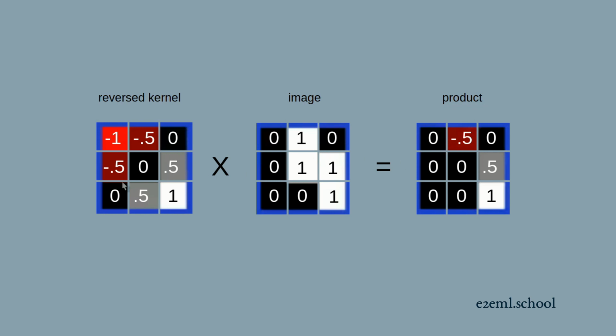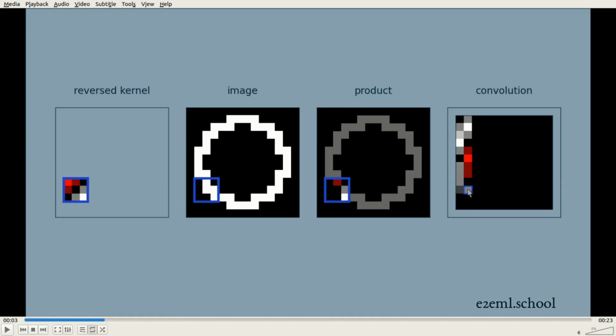The value on the right in the center is a 0.5 times a 1 gives us a 0.5. And then the lower right again is a 1 times a 1 gives us 1. So within the product, we can see the results of the multiplications of each of those matched elements. Then when we add those up, we get a 1 plus a 0.5 plus a 0.5, which again gives us a 1, like we saw before.